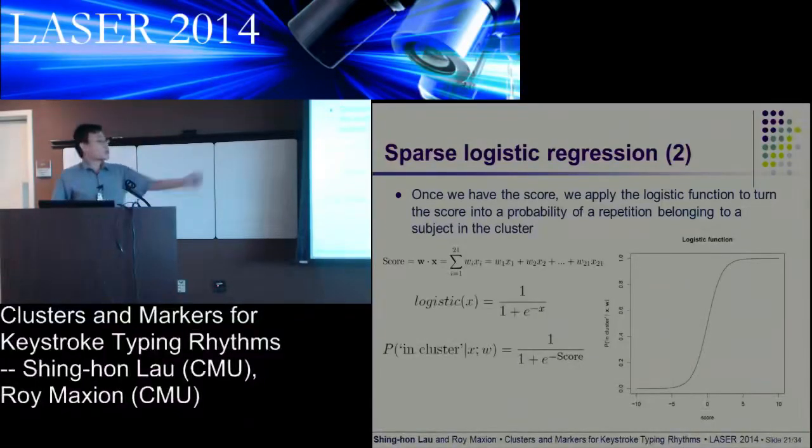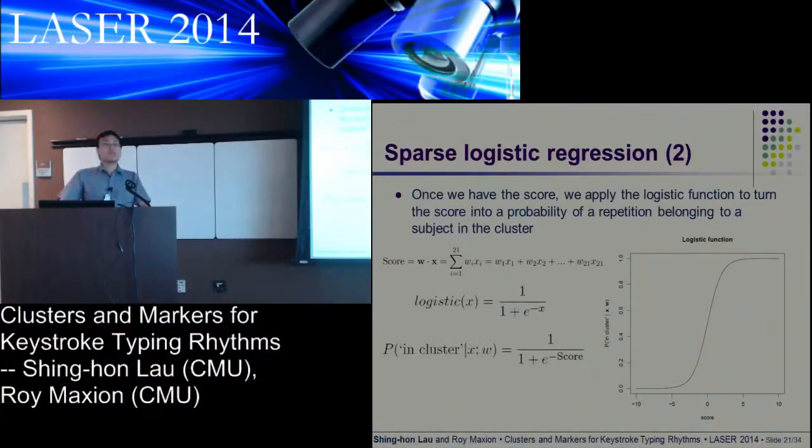So here we have the score that was on the previous page. And there's also the formula for the logistic function, which happens to be 1 over 1 plus e to the minus x. And when you plot that function, it looks like the graph on the right. So what you can see that the logistic function is doing is it's converting any real valued score to a value between 0 and 1, which we're then interpreting as this probability that a repetition belongs to somebody in the cluster.